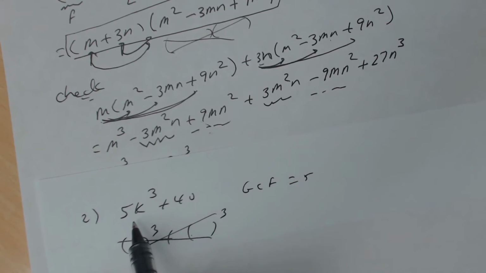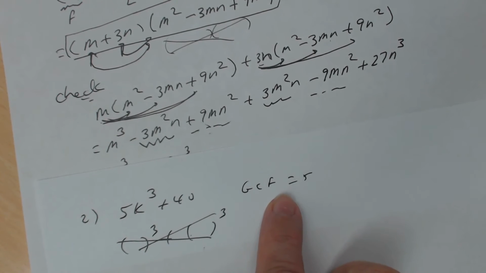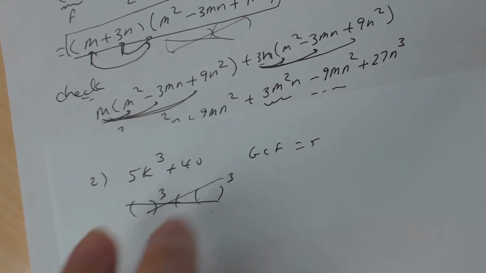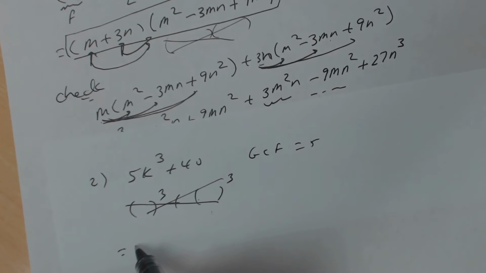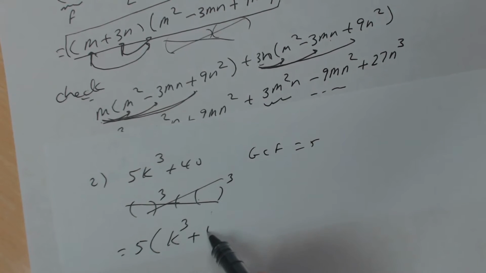So you cannot go directly to this right here. So you have to use the GCF first. So if I factor out the GCF, and that's what you should always do, factor out the GCF first, I get 5 times k cubed plus 8, because 5 times 8 is 40. So now I want to see if this binomial can be factored further.